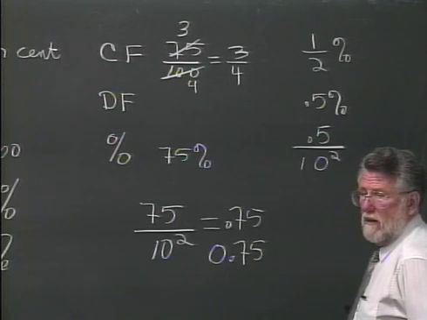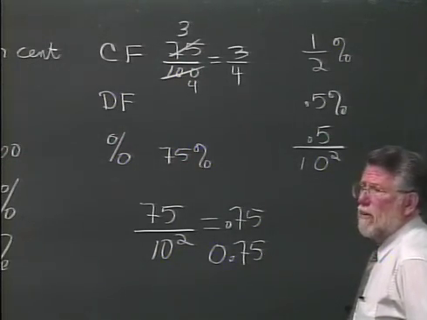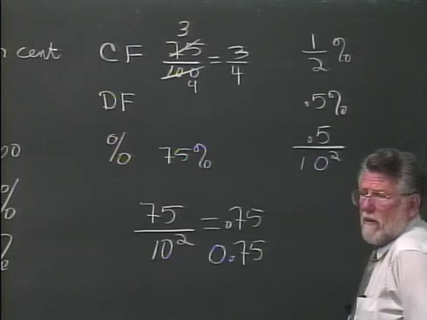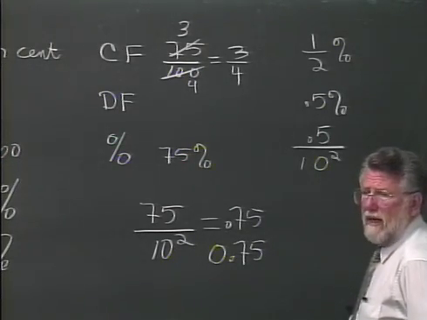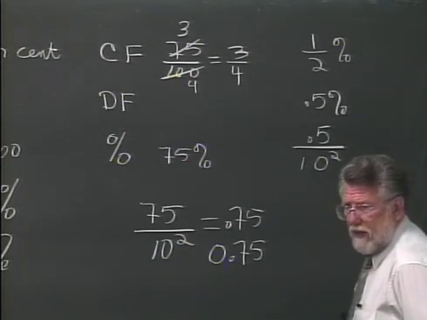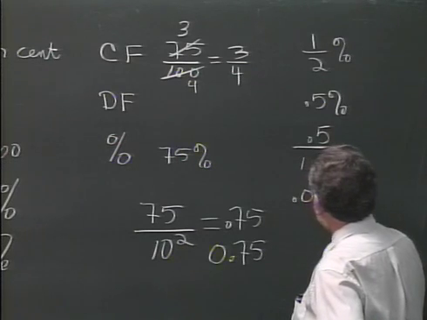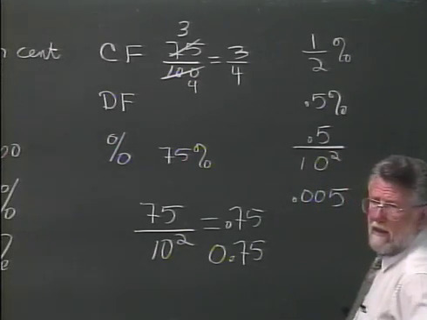So it's always 100 on the bottom when I have percent. Now, what am I going to do with the decimal point, since I'm dividing by 10 to the second? Move it 2 places to the left. And so this is the decimal.